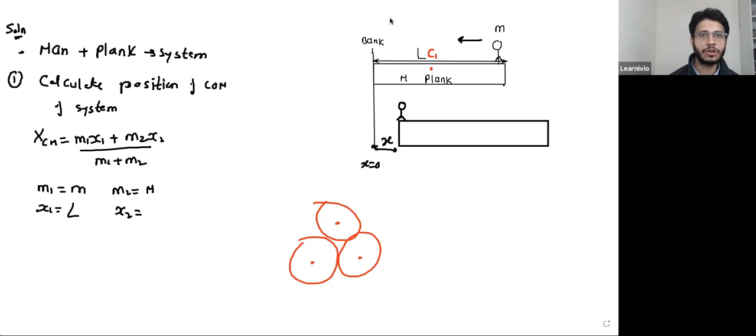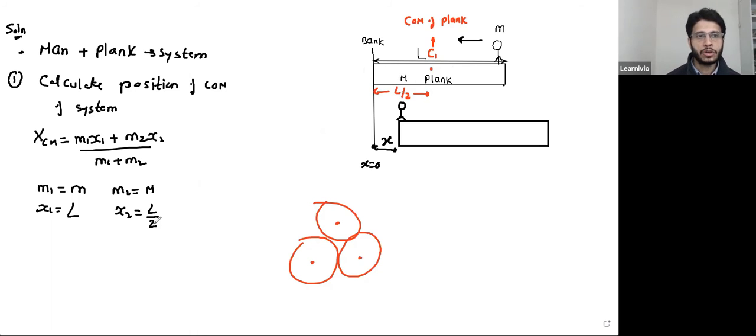This C1 is not the center of mass of the system. This C1 is the center of mass of the plank only. So C1 will be equal to L by 2. This C1 is basically representing the entire plank. So x2 is L by 2. Is it clear?